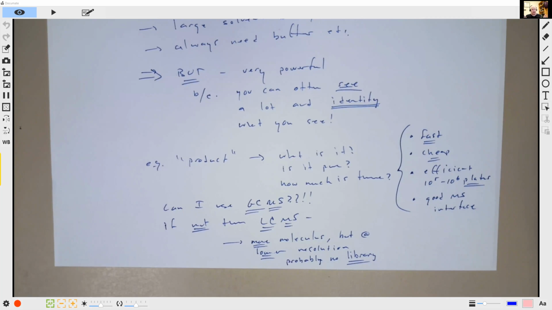You can rationalize it, especially if you have the molecular ion, which is the unfragmented, singly charged parent ion. And in that case, a lot of times you can find them.